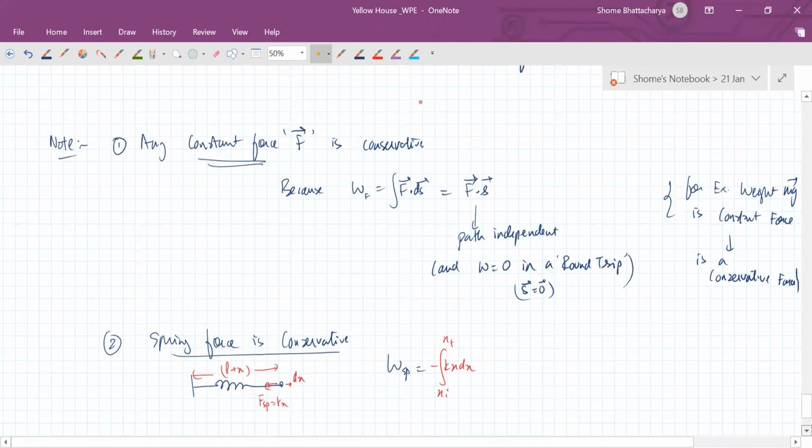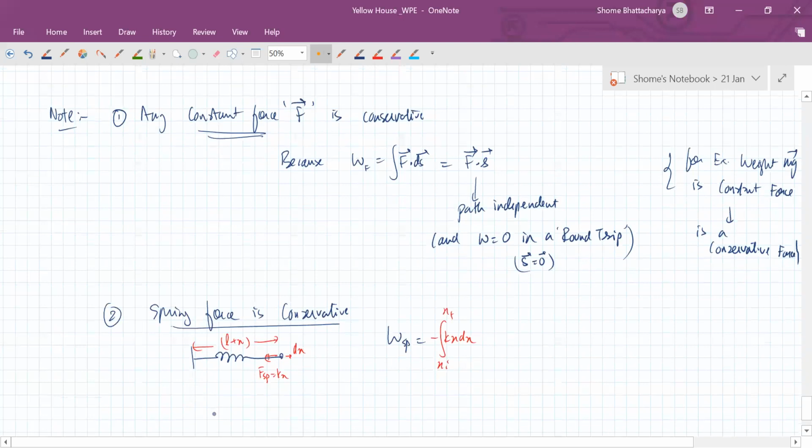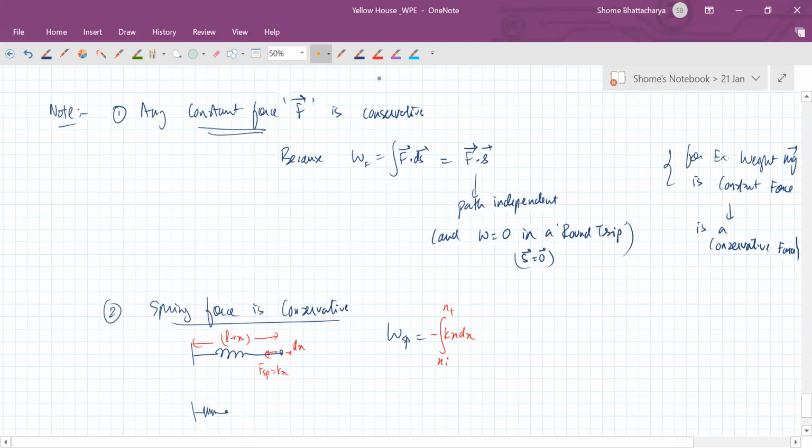Or it could be a case where the spring is compressed, and you're compressing it further. At this point, the spring force acts outwards. So in both cases, whether you're compressing or extending, the work becomes minus half k x squared, like this.